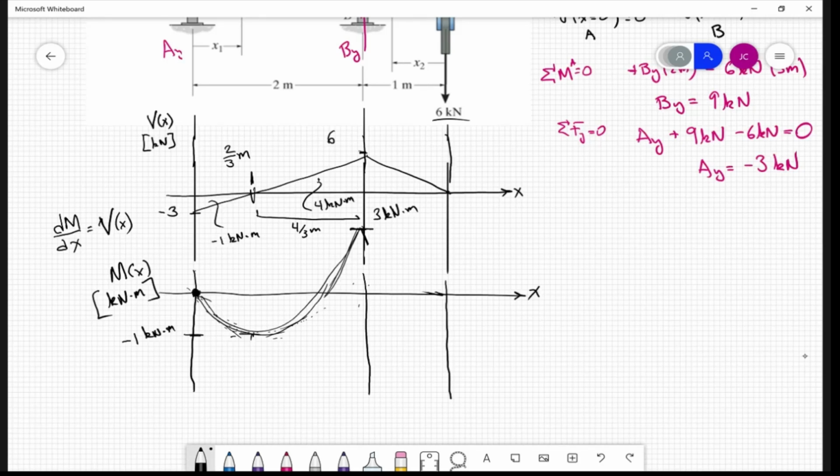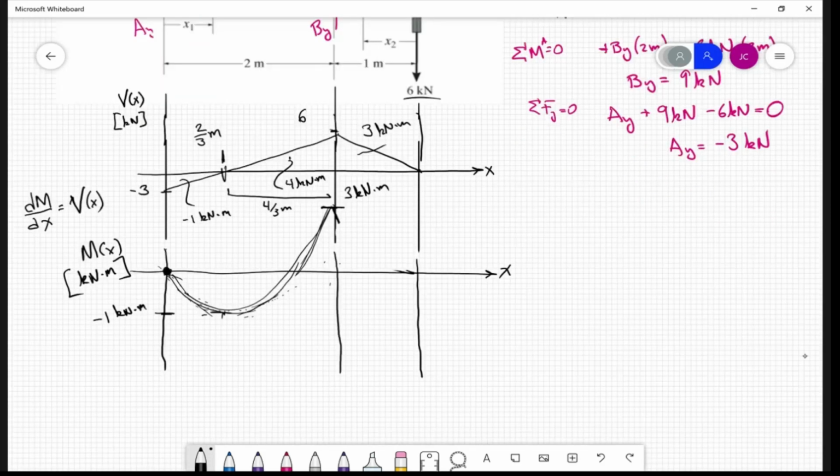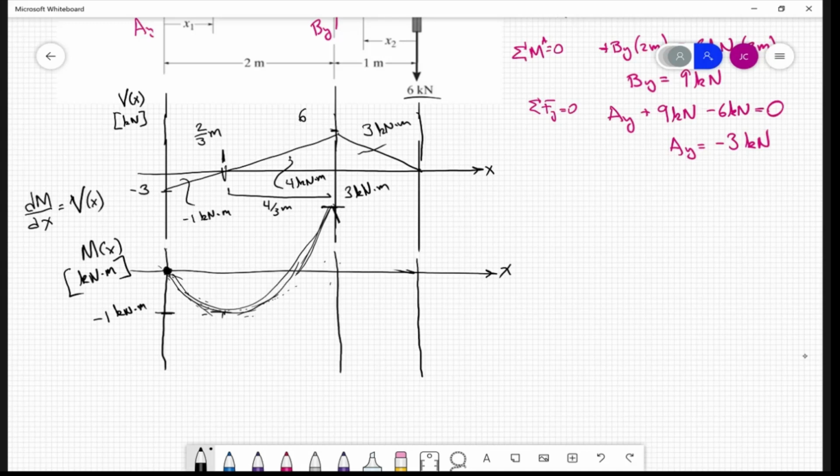This area here is 1 times 6. This is 3 kilonewton meters, right? So it actually has to go like this. Where's this supposed to go? What am I screwing up?